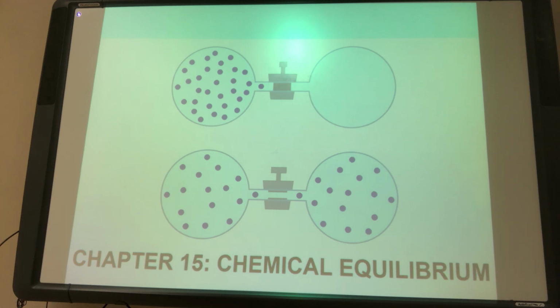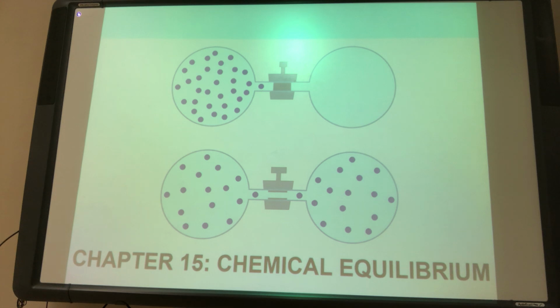All right, so chapter 15. This whole chapter is on chemical equilibrium. We've talked about equilibrium before when we talked about vapor pressure and when things are boiling, and with diffusion and effusion. So we're going to keep talking about equilibrium, but in a little more depth and how to calculate it.